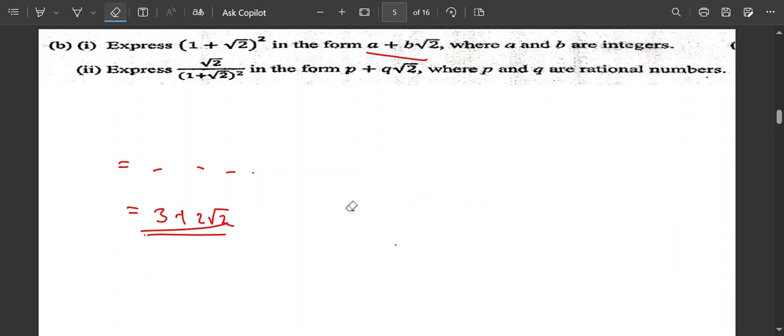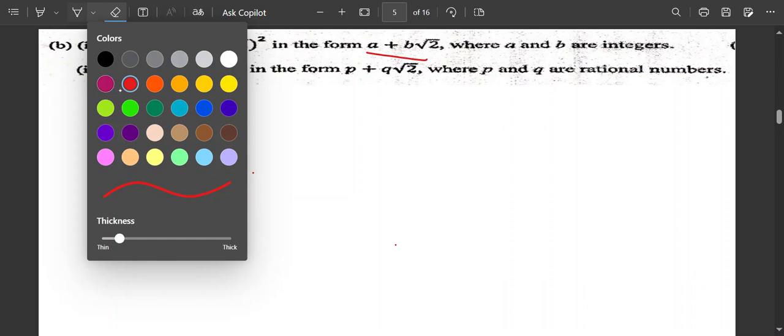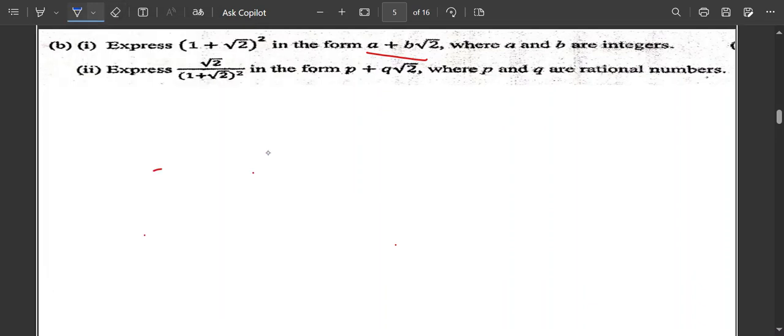So what you are going to do for this one, it's just the same case as well. Now, in this case we have root 2 over 1 plus root 2, squared.